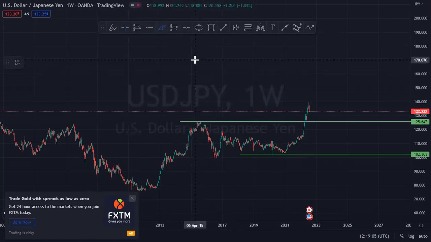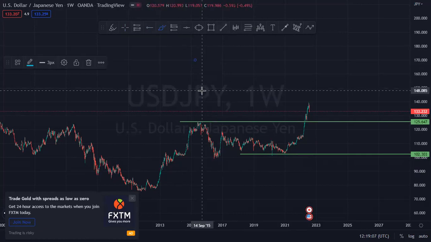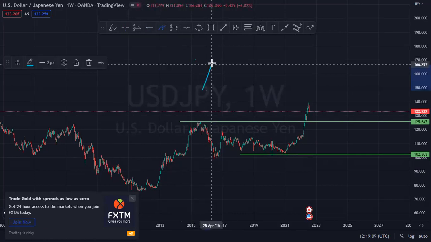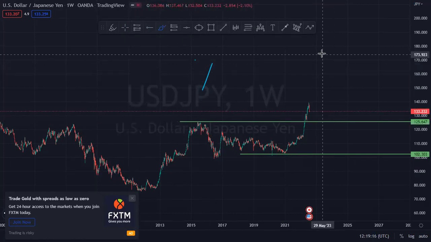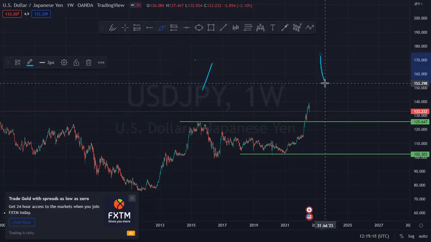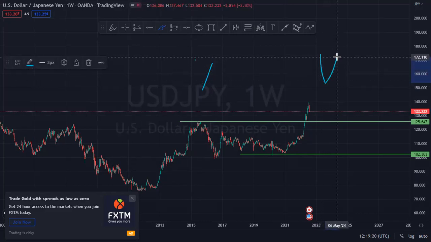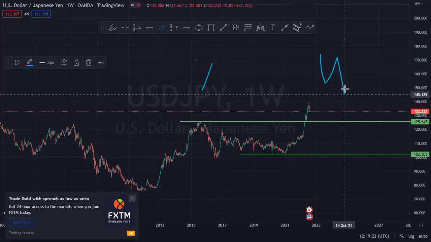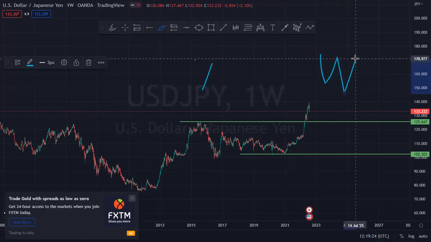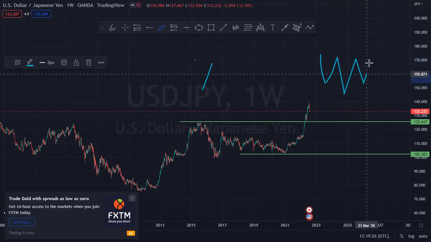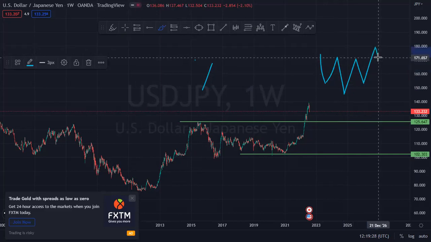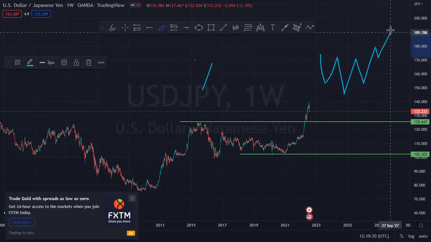You know what we say with head and shoulders or with any pattern. Let me just draw here. What we say with the market is this is our inverted head and shoulders, right? Most of the time, the market does this and breaks out and comes back to retest to continue to the upside.